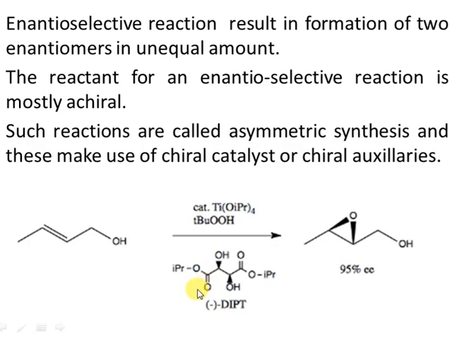This molecule is actually a chiral reagent, and this chiral reagent will ensure that the epoxidation occurs on the above surface. So this is an example of an enantioselective reaction in which we are using a chiral reagent, and this chiral reagent is helping to form one of the enantiomers in excess.